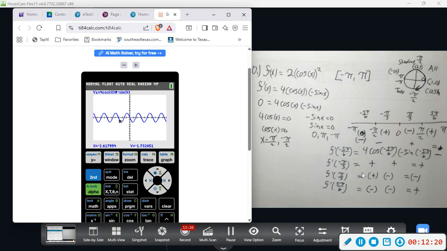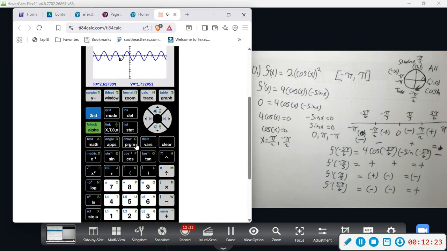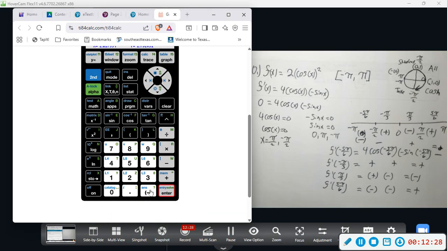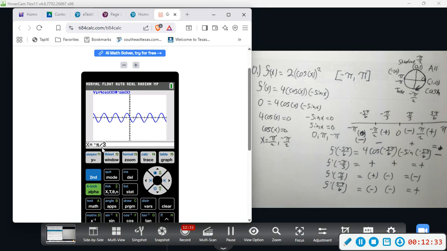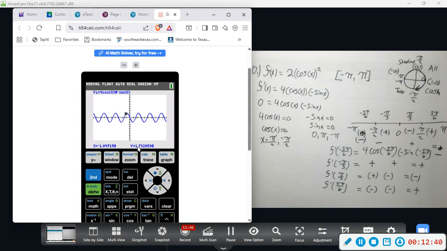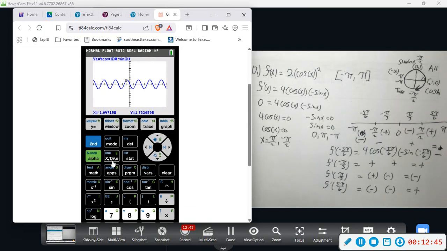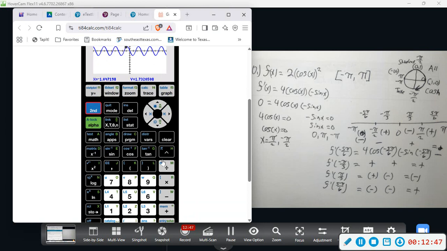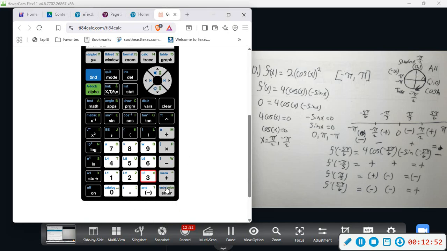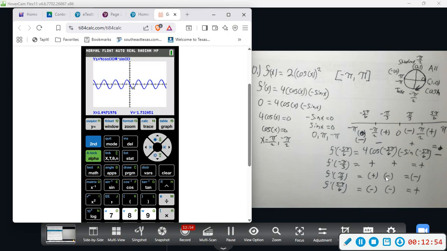Okay, so that agrees. And if I do the same thing for each of them, they all should come out negative, positive, negative, positive. So if I do negative pi divided by 3, each time, once you hit trace, it allows you to input any x value. And we get a positive y value. Okay, so negative, positive. And then if we do pi divided by 3, hit enter, we get a negative value.